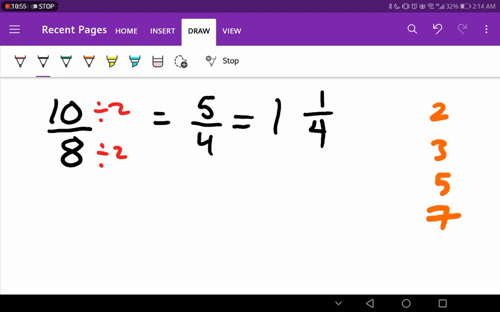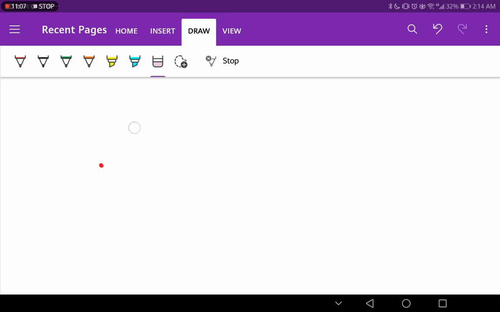Okay, my dear student, you need one more example. In your book, before the example, they give you another way to multiply 2 and 2 over 3 multiplied by 4 over 5.